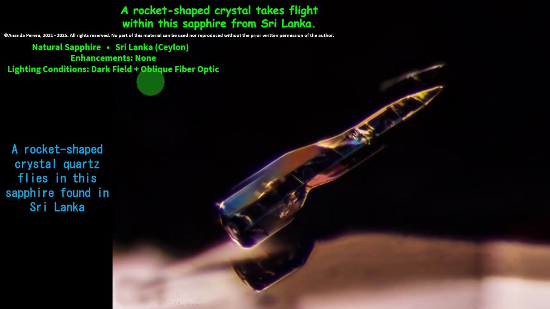There are 7 lighting conditions we use in the gem industry. So this is a negative crystal, a rocket-shaped crystal. It is a quartz crystal. It seems like it is flying in this sapphire. It is a Sri Lankan sapphire.